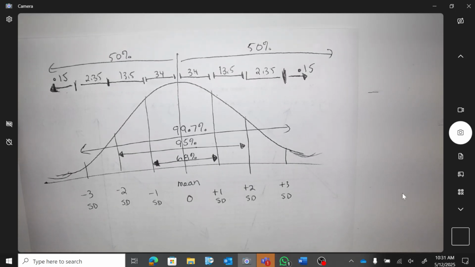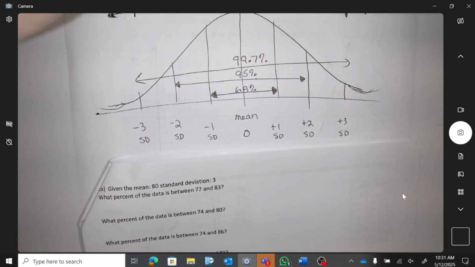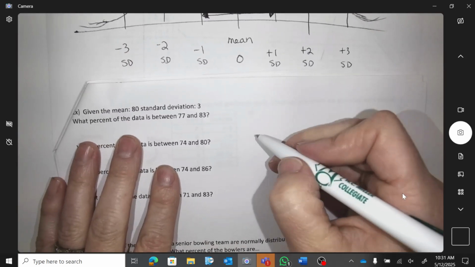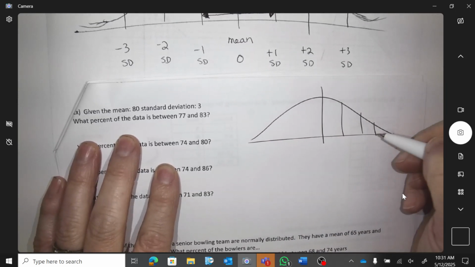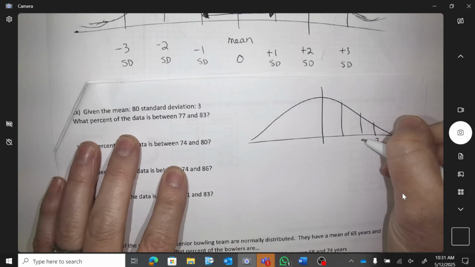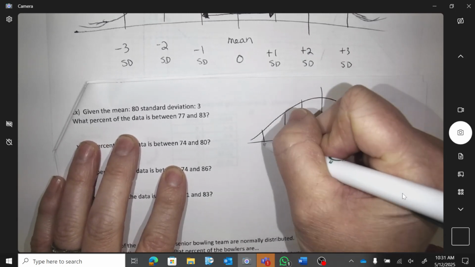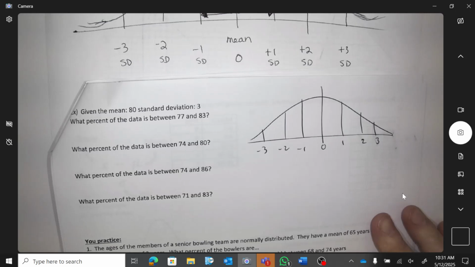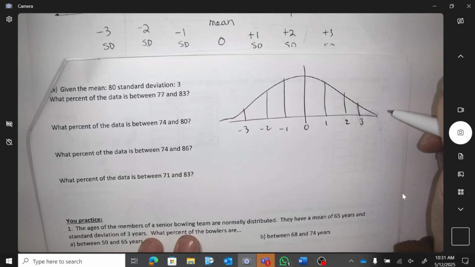Okay, so what are we going to do? We're going to practice one question and then you're on your own. So you need this paper. You have to have it or else you can't answer these questions. Okay, give me your normal distribution curve.